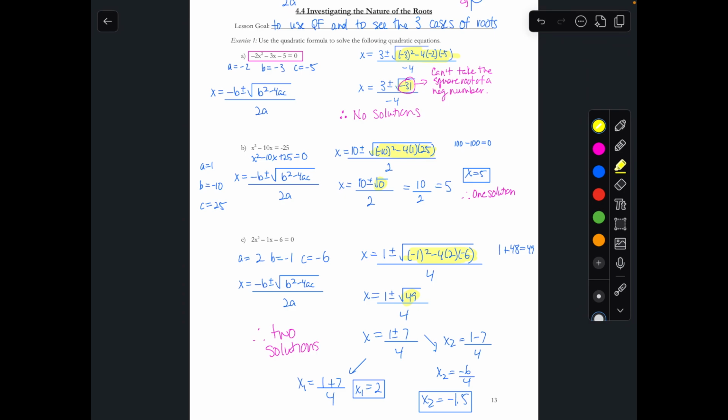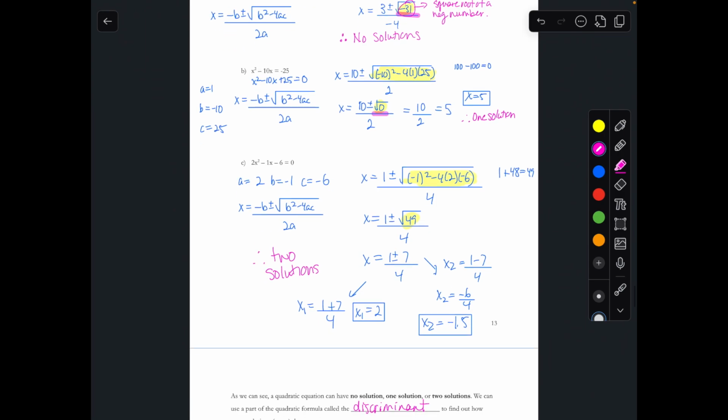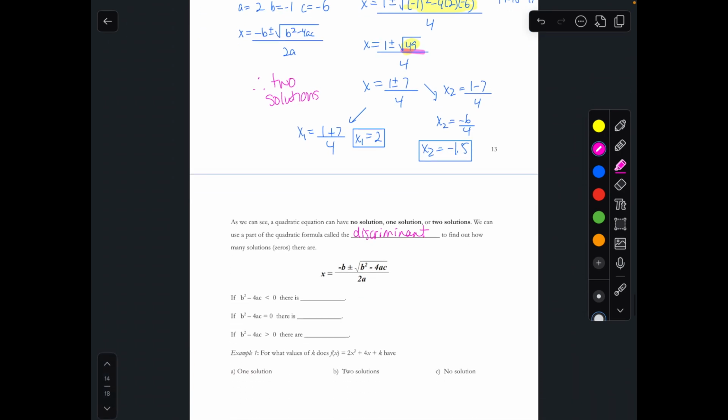So for example, in case 1, where I had a negative under the square root, I had no solutions. When I had 0 under the square root, that part just went away and I was left with one solution. And when I had something positive under the square root, I ended up with two solutions.